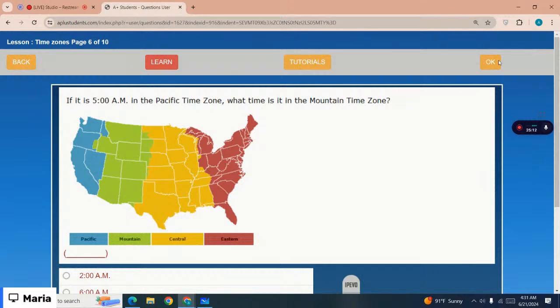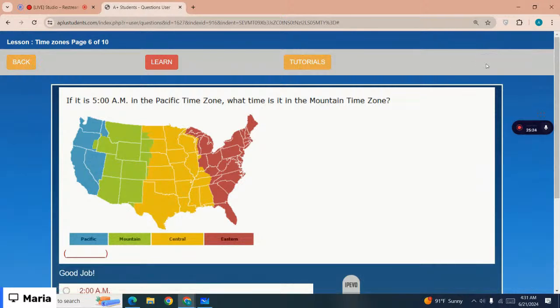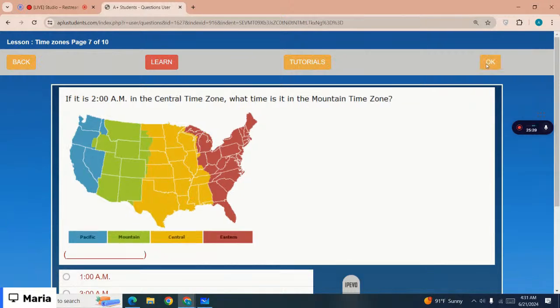The correct option is 8. If it is 5 a.m. in the Pacific time zone, what is the time in mountain zone? Mountain zone is 1 hour ahead. That would be 6 a.m. Very good. The correct option is 6. If it is 2 a.m. in the central zone, what time is it in the mountain time zone? Which is the correct option?